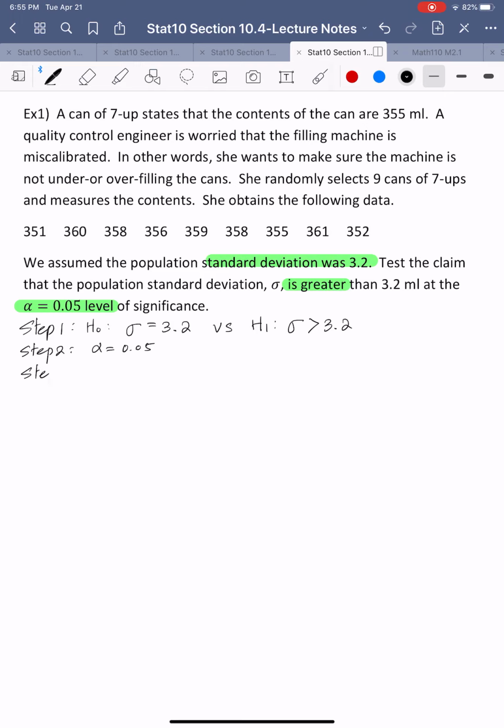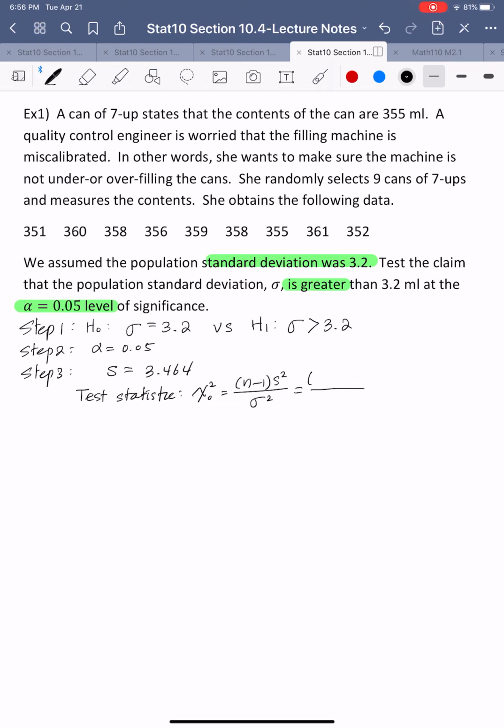Step 3, the sample standard deviation. Using those data to find S, if you use the formula, the sample standard deviation comes out at 3.464. Then we can find the test statistic, which is chi-square sub 0 equals (n minus 1) S squared over sigma sub 0 squared.